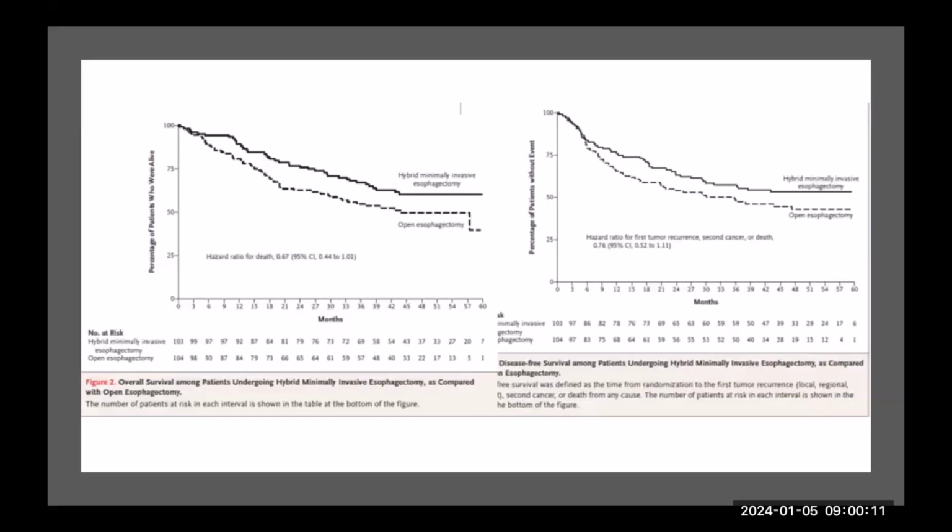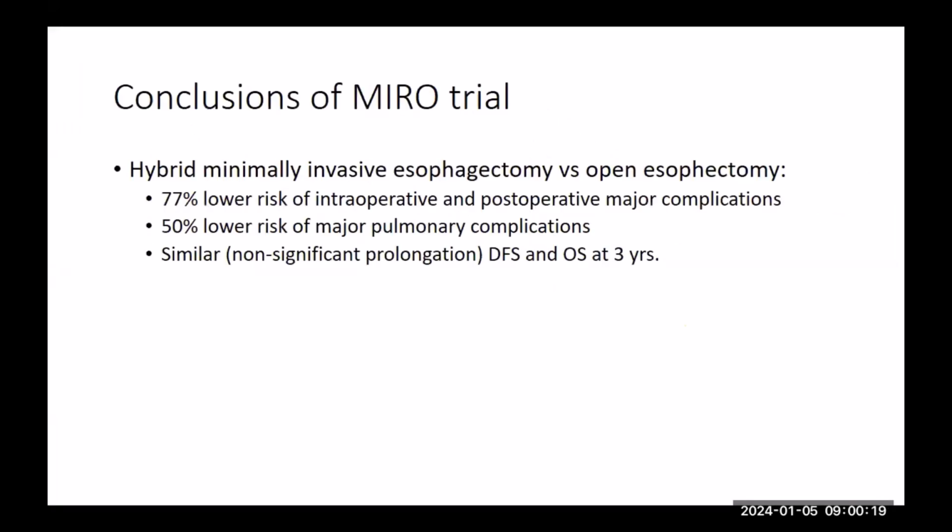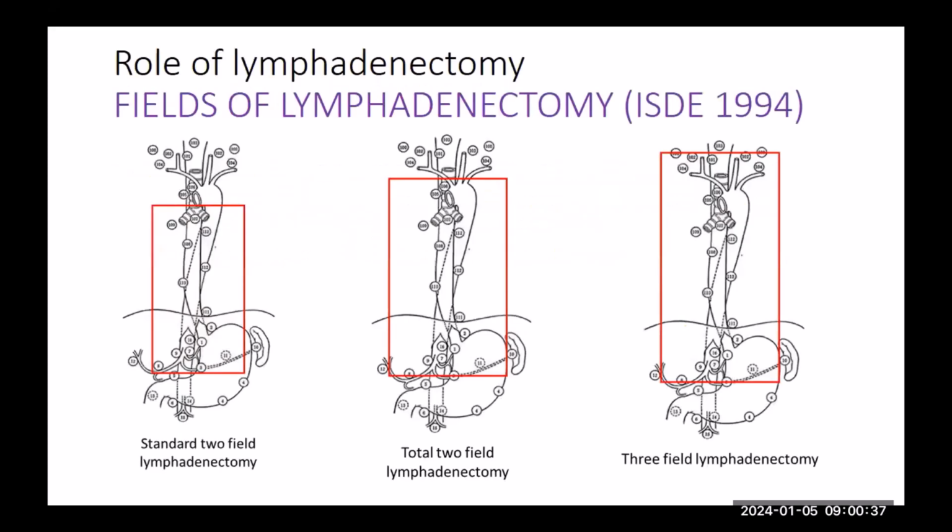The number of patients alive after both surgeries was similar, and the hazard ratio was 0.67. So the conclusion of the MIRO trial, hybrid minimally invasive esophagectomy versus open esophagectomy: 77% lower risk of intraoperative and postoperative major complication and 50% lower risk of major pulmonary complication, but similar DFS and OS at 3 years.